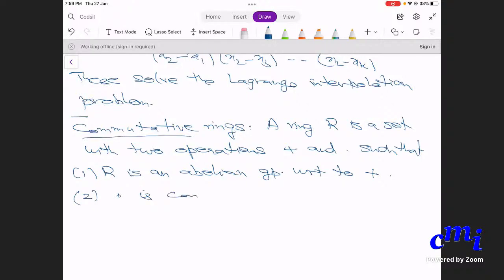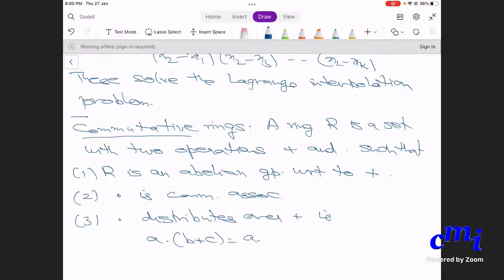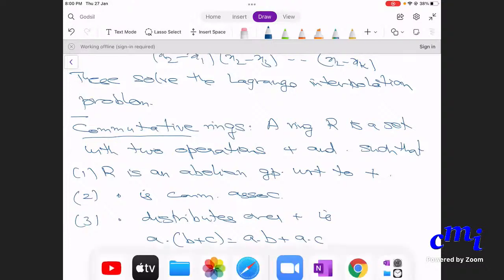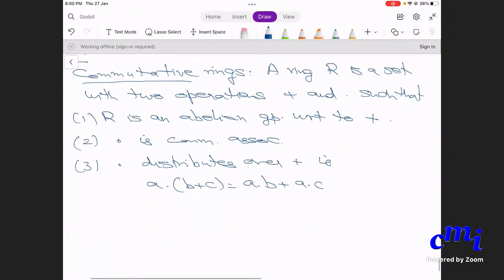So dot is commutative, associative, and dot distributes over plus, i.e., A dot (B plus C) is A dot B plus A dot C. And further, I want to impose the condition that these are commutative rings with 1, with identity.